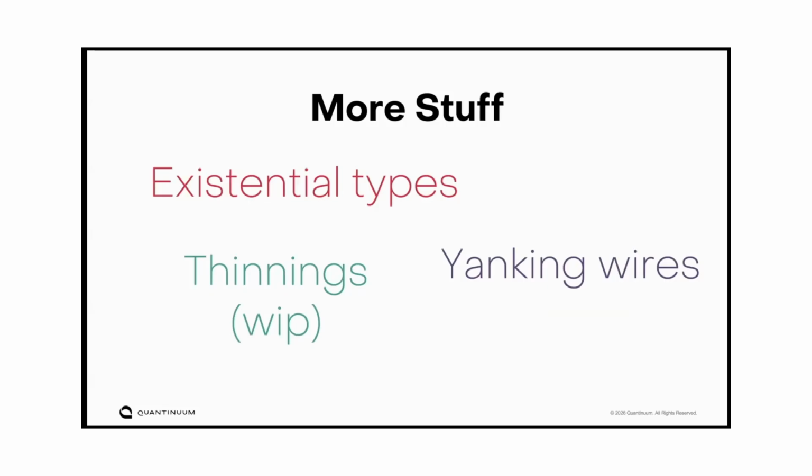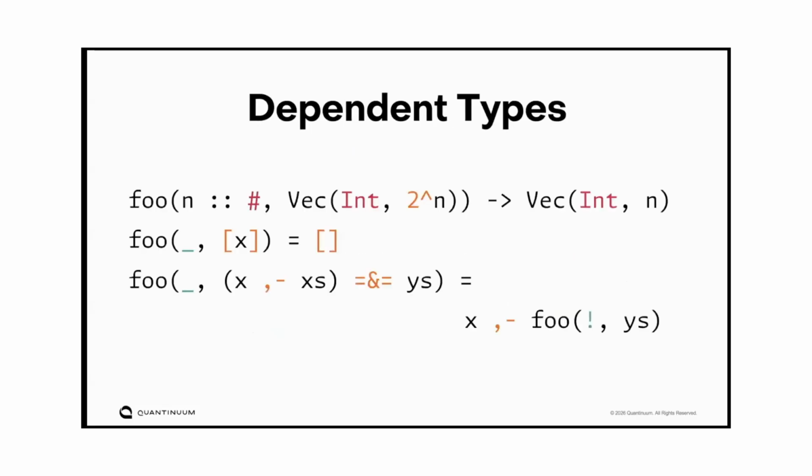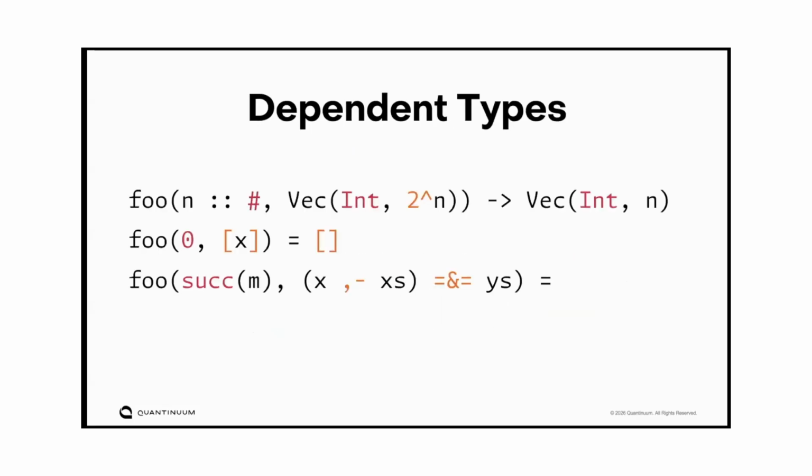What I showed before is quantification over numbers that occur on the left-hand side of the function, right? For example, here, this says that this is a function that works for any number, and any vector I put in, I get a vector out.